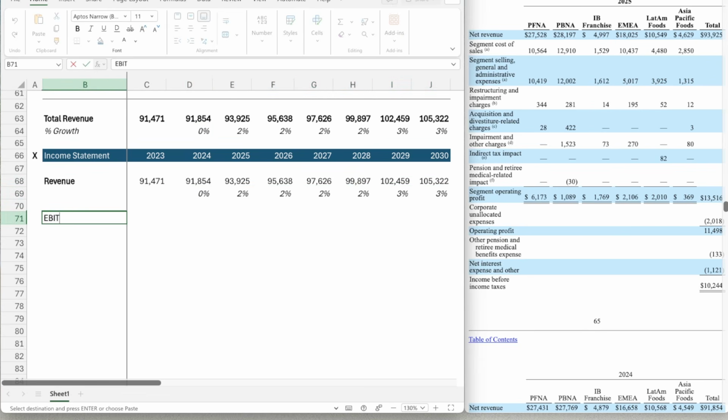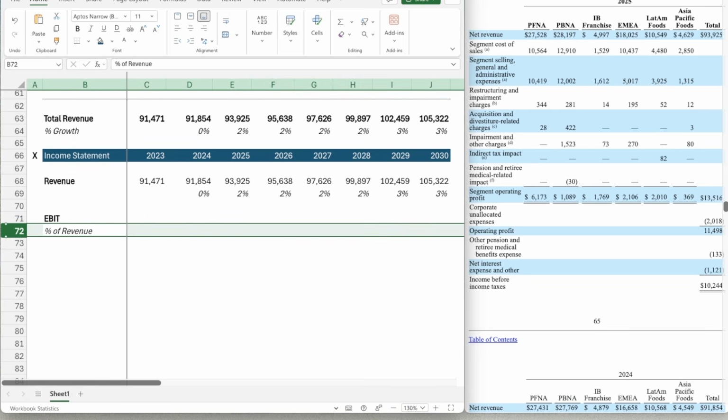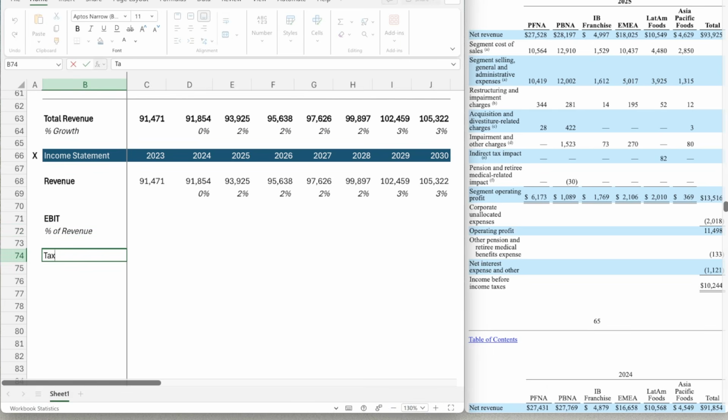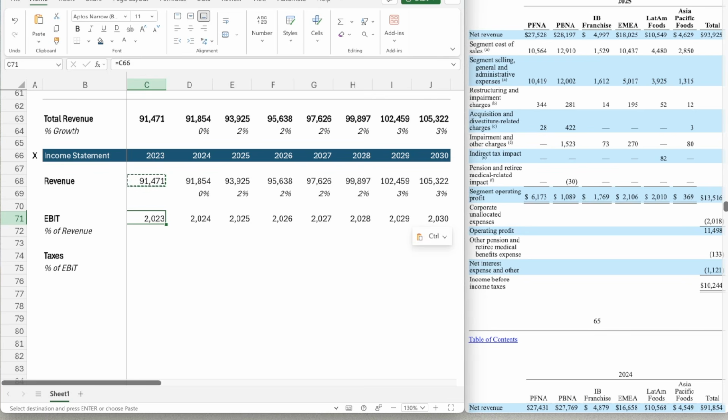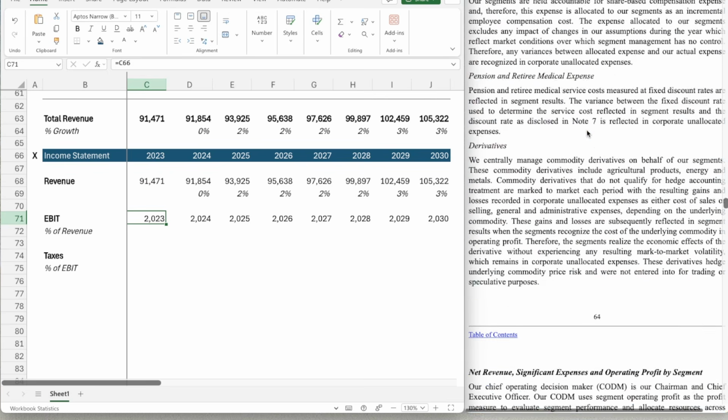The next line is the EBIT, percentage of revenue. Taxes, we want to know what it is as a percent of EBIT. I'm just copying this down because I want to keep it formatted.